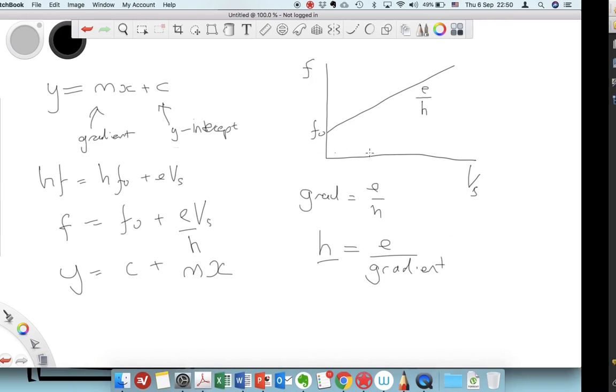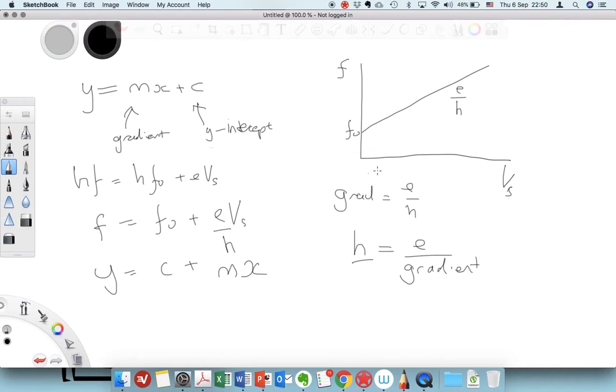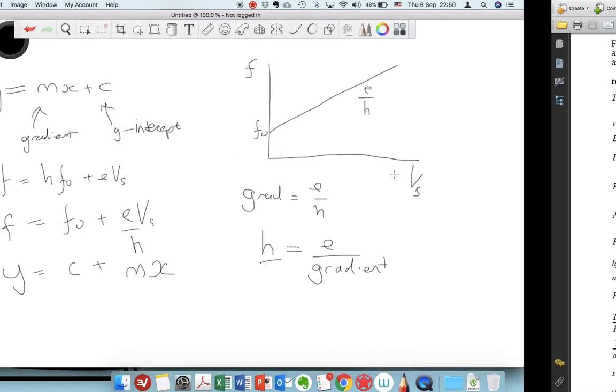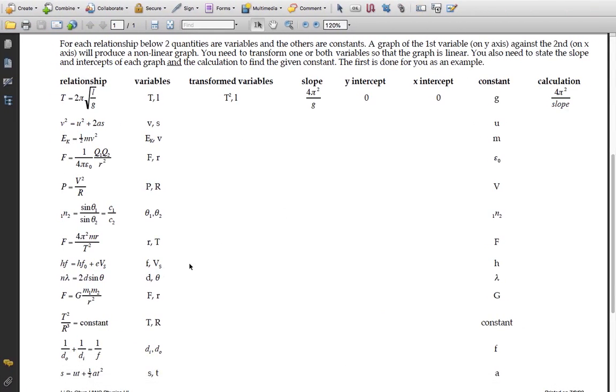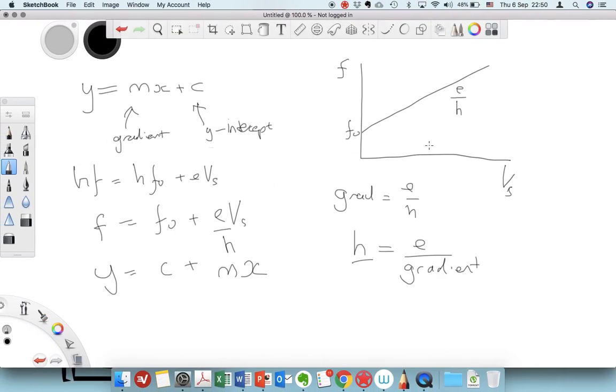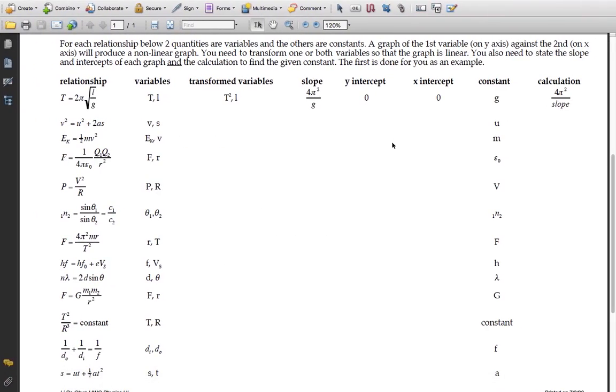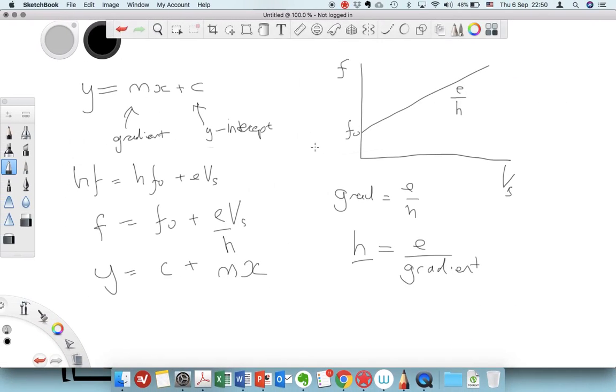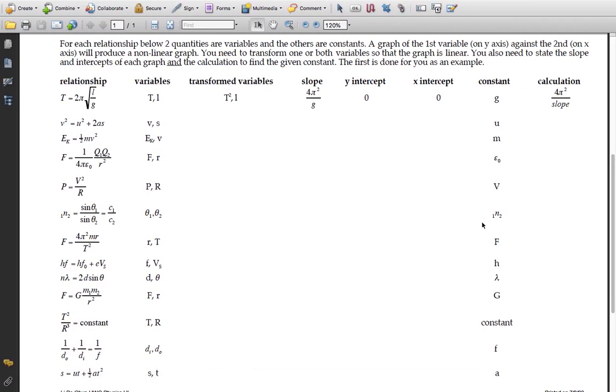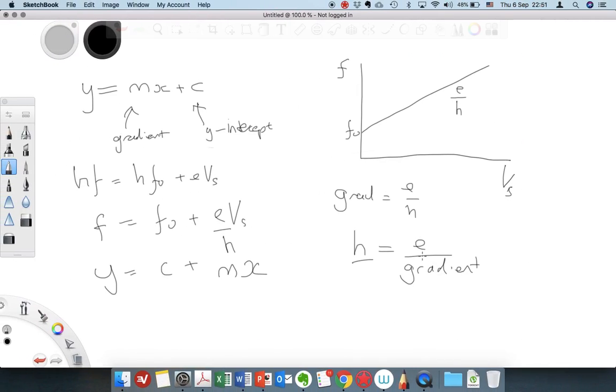The variables are actually f and Vs, so in this case we're not transforming the variables. We have the slope, e over h, the y-intercept, f0, and a constant, e, which gives us h, and the calculation for it is e divided by the gradient.